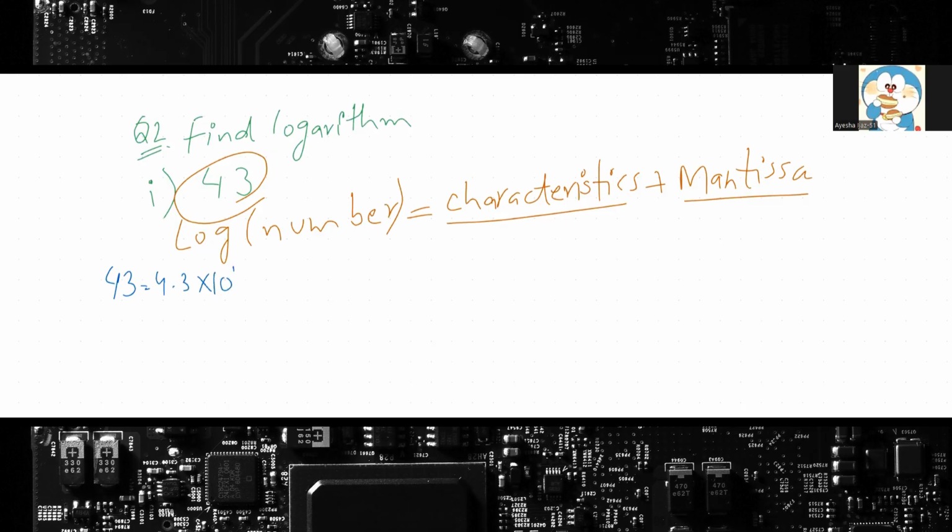So the characteristics would be 1. This is actually my rough work. You don't need to include this step in your solution. You'll write your solution of this question like this: log 43 equals characteristics is 1, so 1 plus.